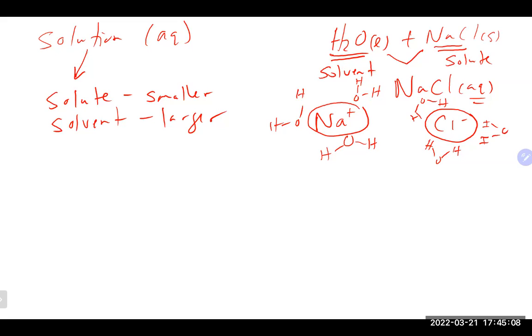It also prevents the really strong electrostatic attraction between the sodium ion and the chloride ion, which is extremely strong. It keeps those ions apart from one another, acting almost as a buffer between them to prevent them from coming back together. That's what is occurring when we dissolve something in water.